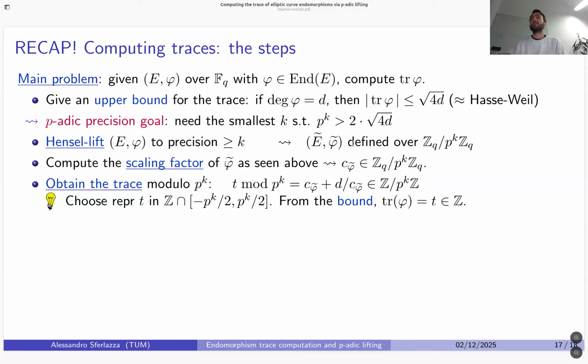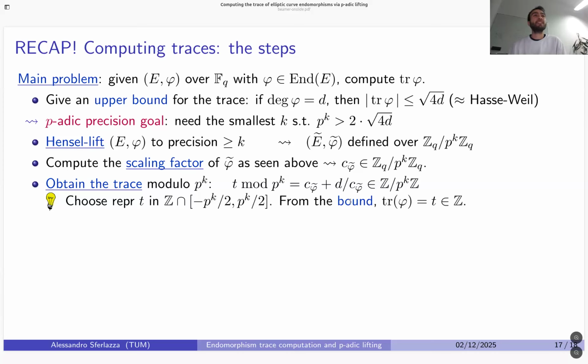But since we know that the trace as an integer should coincide with this t modulo p and it's bounded, then the mod p to the k value that we got is actually exactly the integer value of the trace. So through this bound, lifting, and computing a scaling factor, we got the trace.